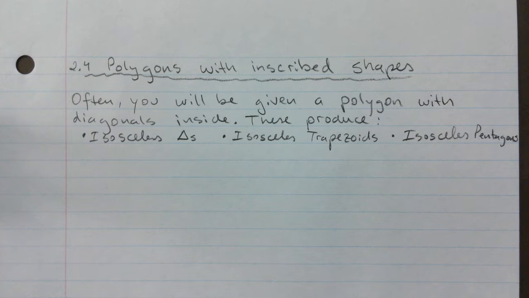You'll often be given an octagon, which we now know how to find the interior, exterior, and central angles of. Sometimes they make a diagonal like this, and you have your isosceles triangle up there. How do we know it's isosceles? Because this is a regular octagon, so all the sides are the same. If we hone in on this triangle, you actually have an isosceles triangle there. Does that make sense?